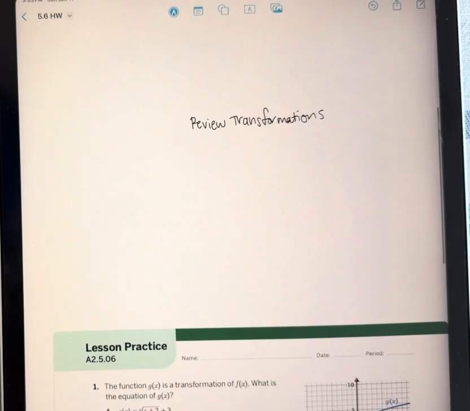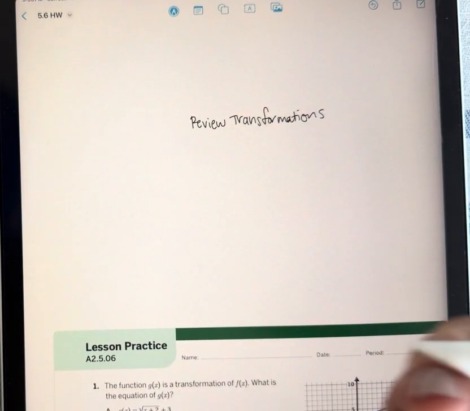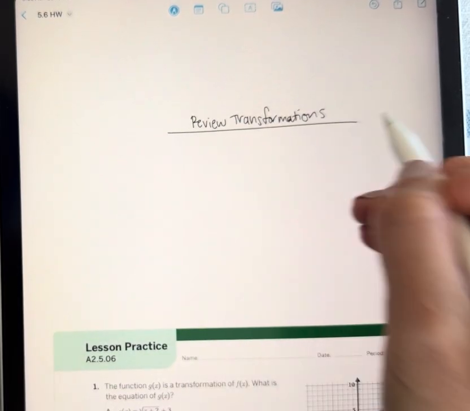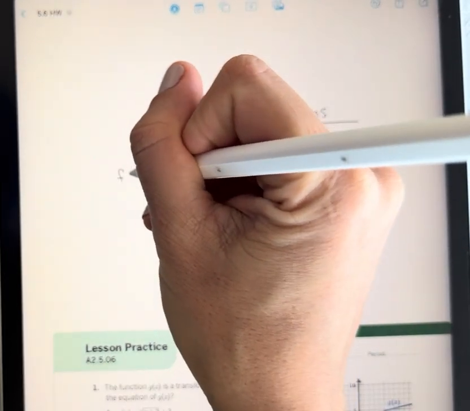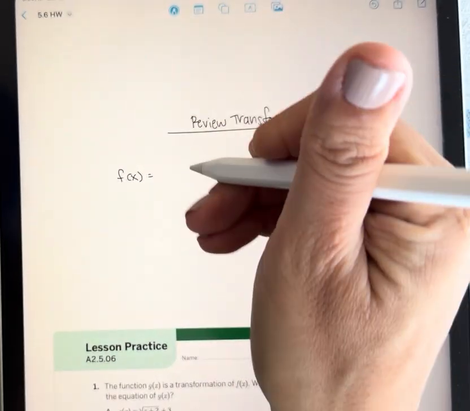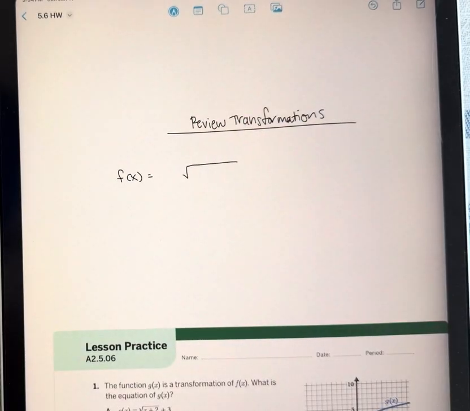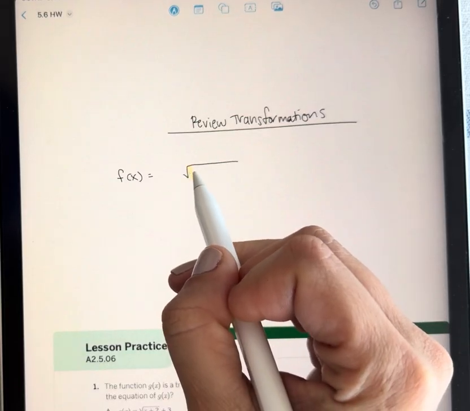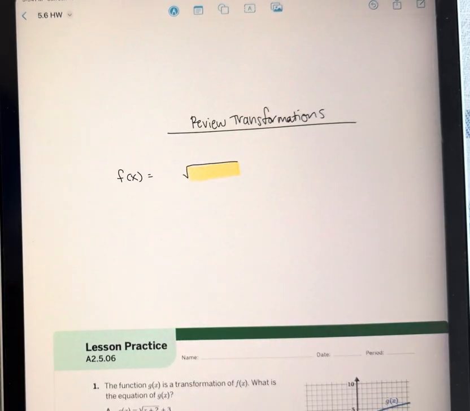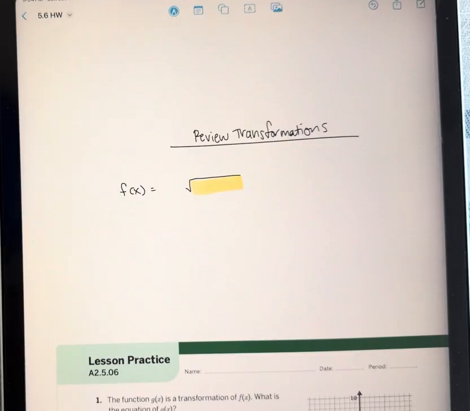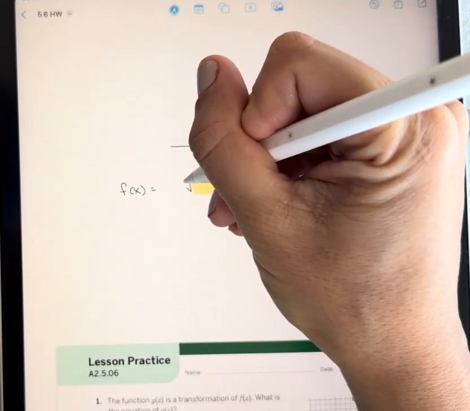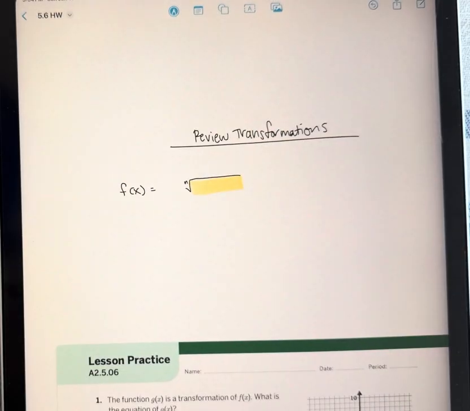So if I have, I'm gonna make it look like a square root because that's what we're doing right now. Let's say we have f of x equals, and then we have a square root. So whatever happens inside the radical, and this might be square or even cube, I'm gonna put a little n here to say that this could be a square root, a cube root, or whatever.